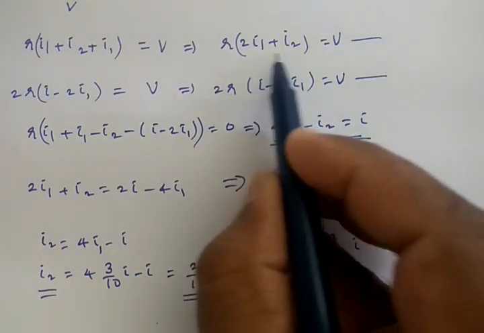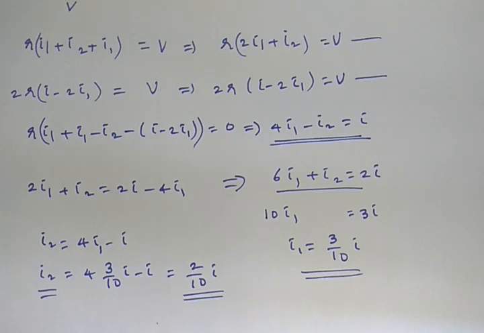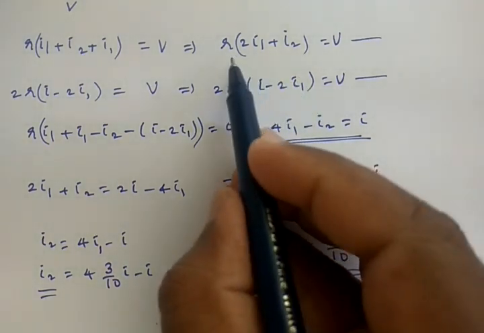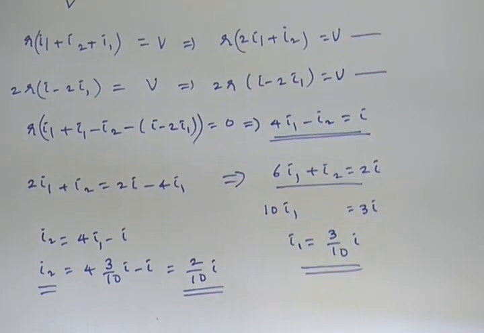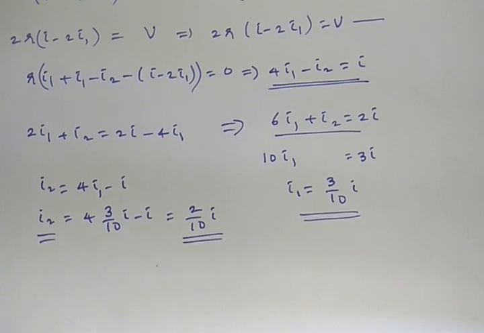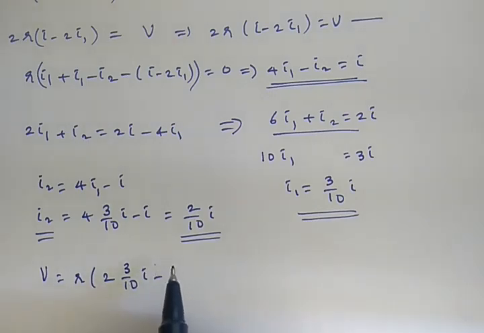So let us take the first equation. That equation is R into 2I1 plus I2 equals V. So when you substitute that, V equals R into 2I1 plus I2.